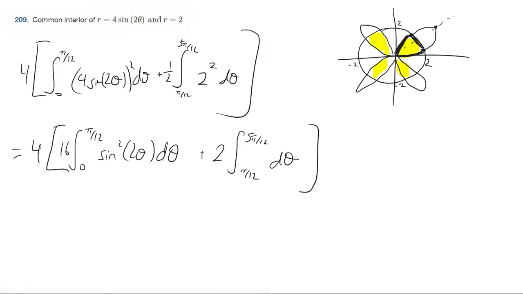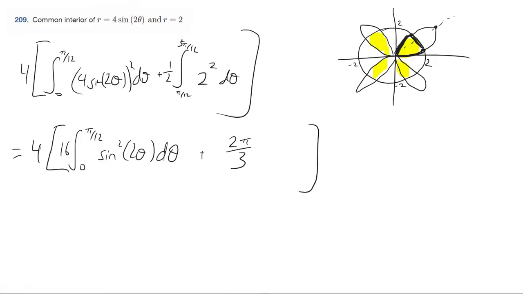It'll just be 2 times 5 pi over 12 minus pi over 12, by the fundamental theorem of calculus. Doing the subtraction gives 4 pi over 12, so that would be pi over 3, and then we multiply by the 2: 2 pi over 3.